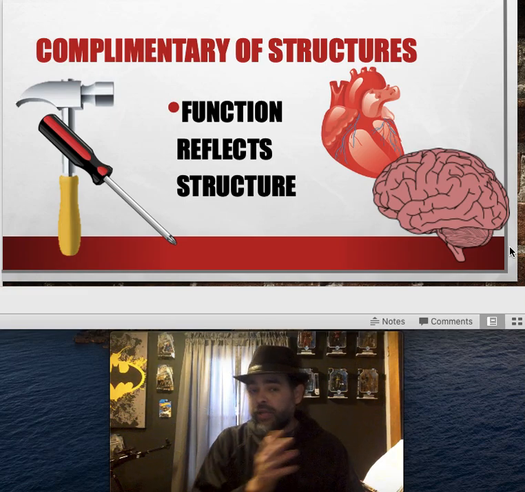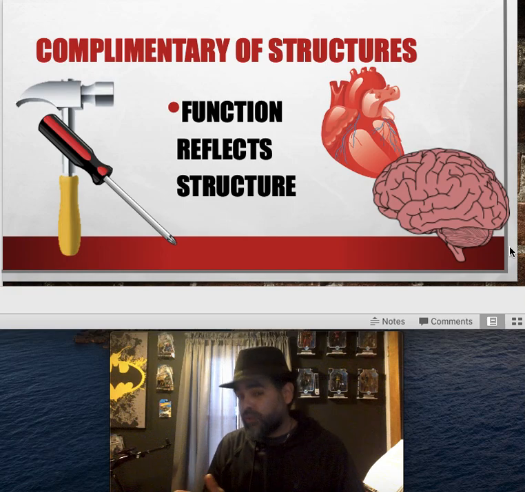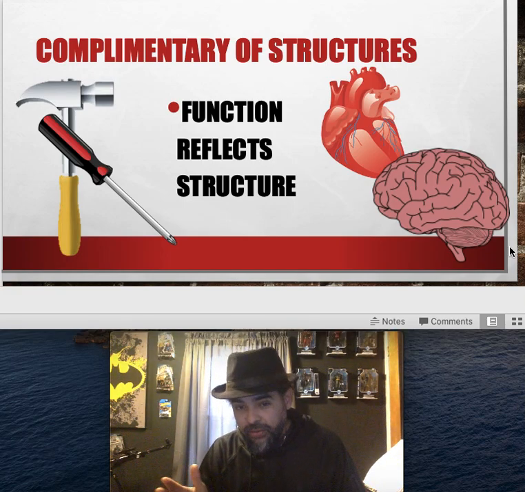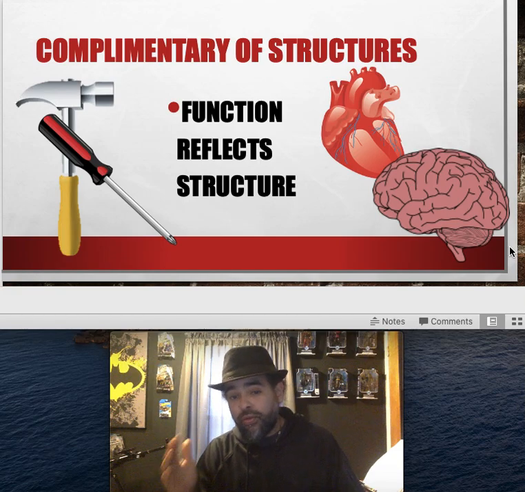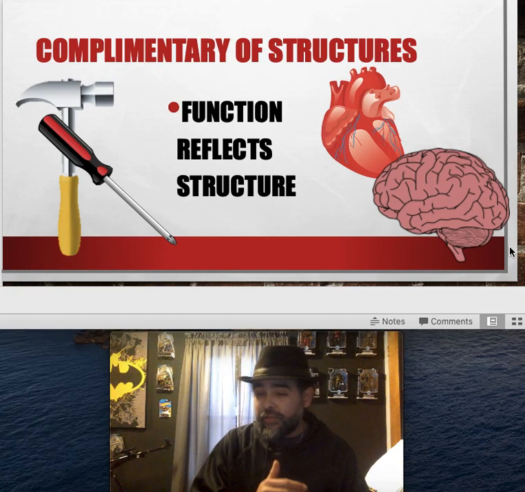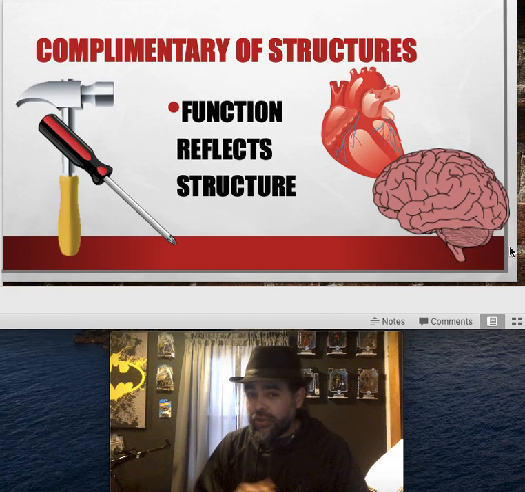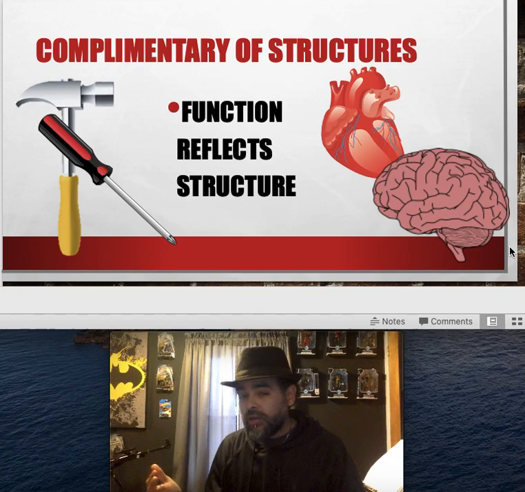Let's look, for example, at a hammer or a screwdriver. The flat head of the hammer allows you to drive nails through wood or through walls, while the screwdriver is specifically designed to go into a screw and do that particular function. If we look at the heart, the brain, the bones or the lungs of a person, the tissues, the cells, the structure, the form of those organs is going to be directly related to what they do.